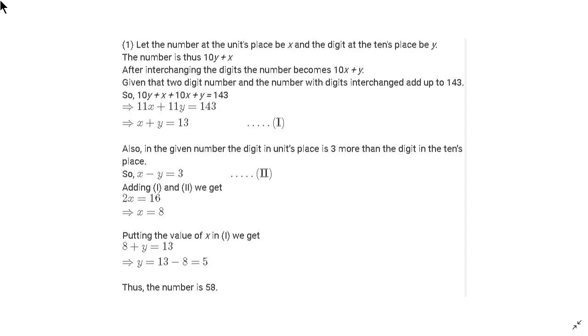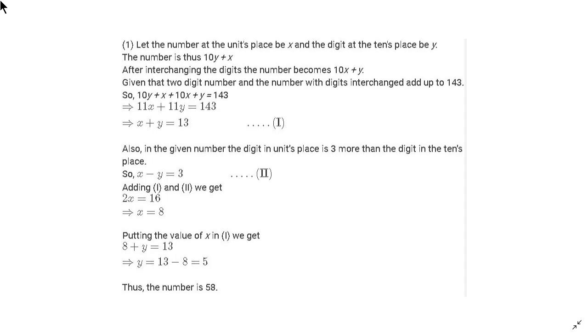A two digit number and the number with digits interchanged add up to 143. That means a two digit number, and the second number which is the number with digits interchanged.